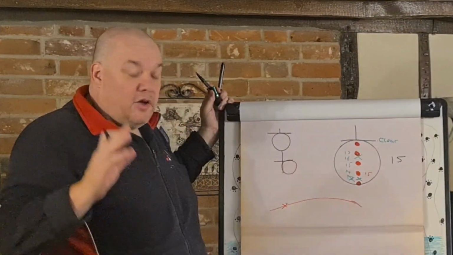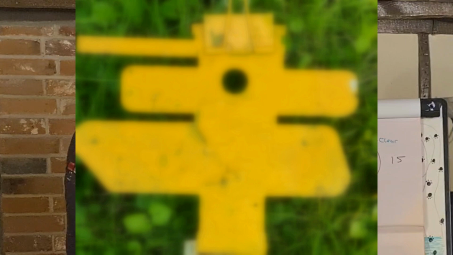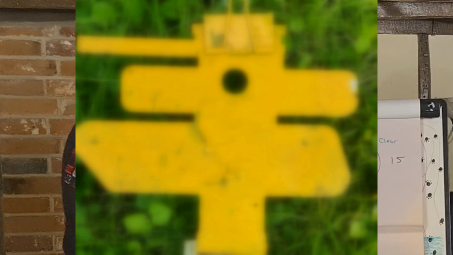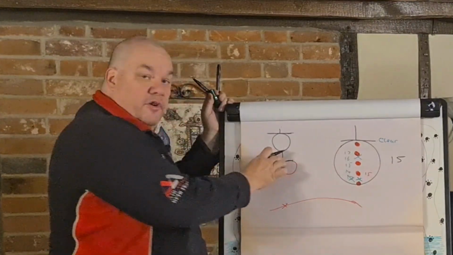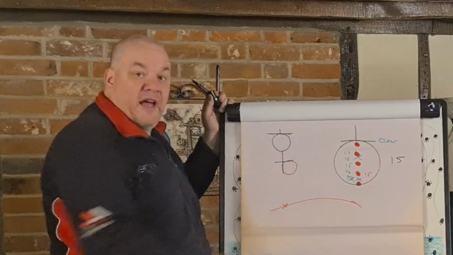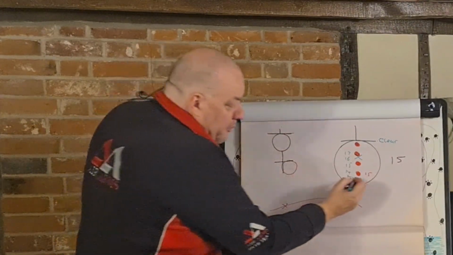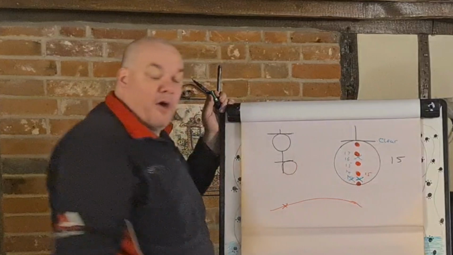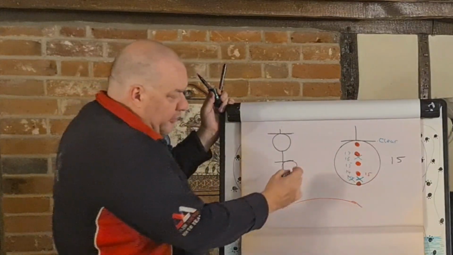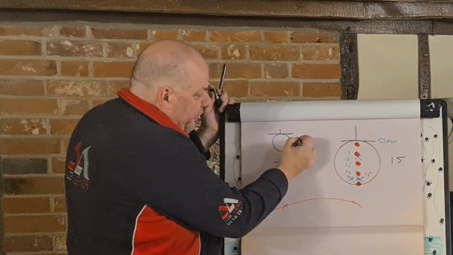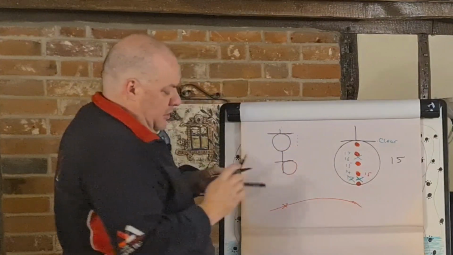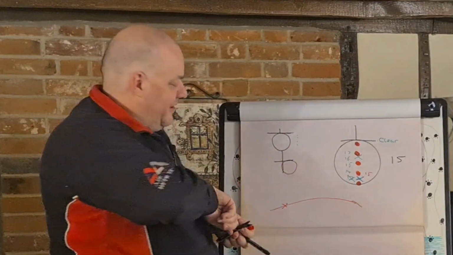If it's blurry, or it's very blurry, I now don't use that at the top. I now know that it's going to be under 18 yards, and I will start putting my crosshairs low in the kill. Because as the targets start coming down, sorry, I should have done that in red.